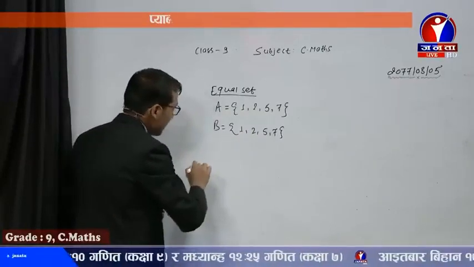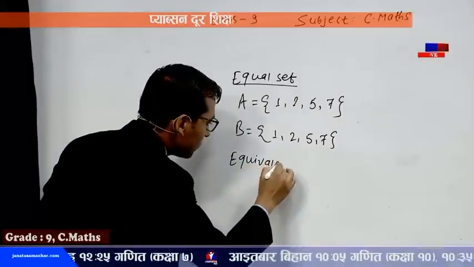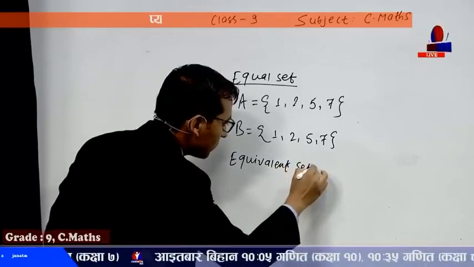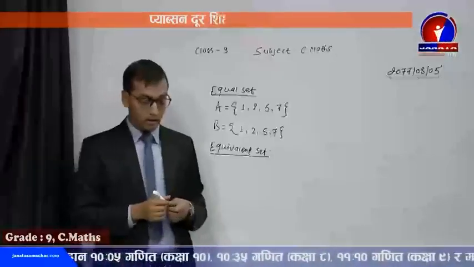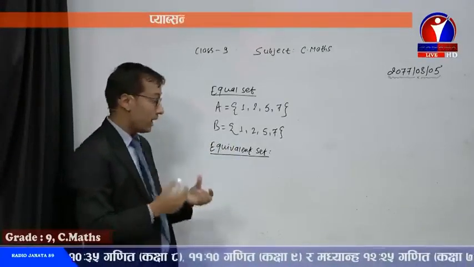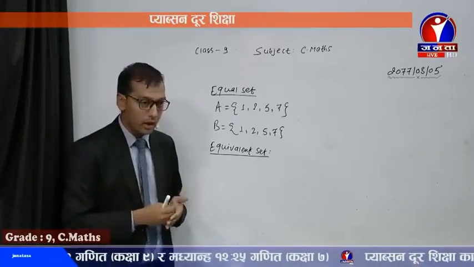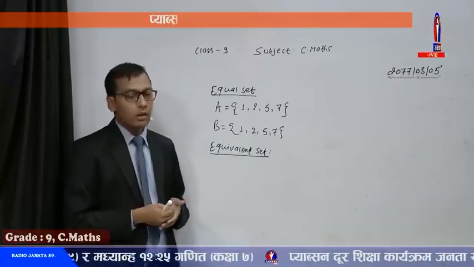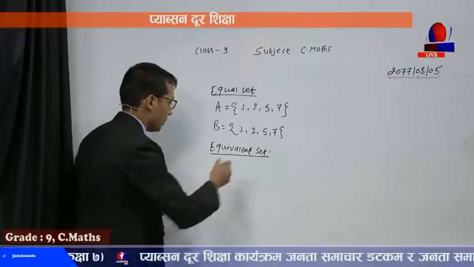Next, what is equivalent set? In equivalent set, we can write different elements in two different sets, but their cardinal number should be the same. Let's have a look at the examples.